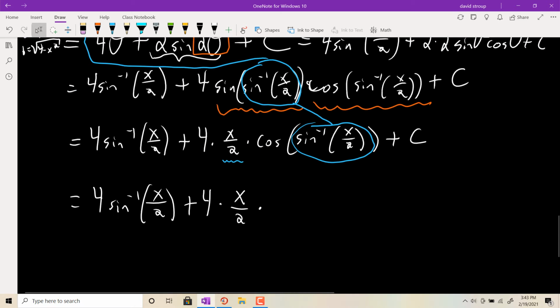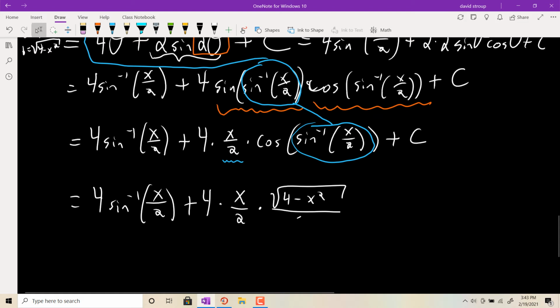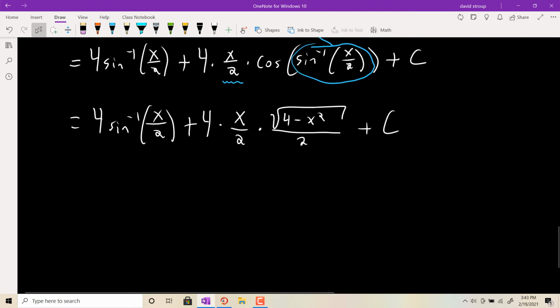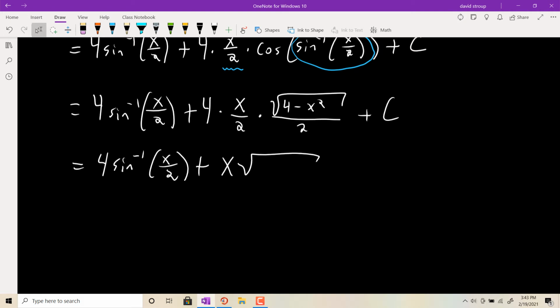It's adjacent, so that had been the square root of 4 minus x squared, all over hypotenuse, which we're saying is 2. Okay, and that's as good as we're going to get it. So our final answer is 4 sine inverse of x over 2 plus x square root of 4 minus x squared plus c.